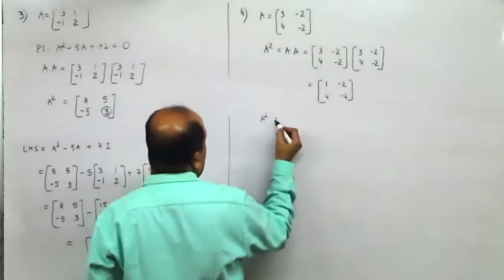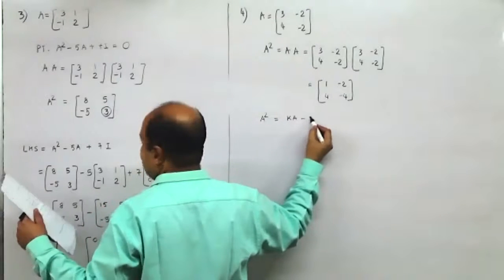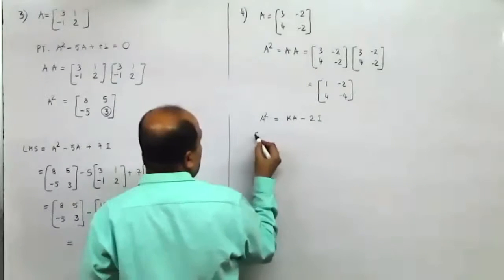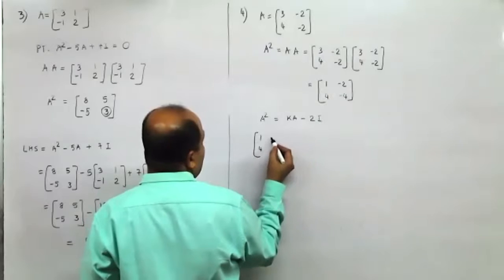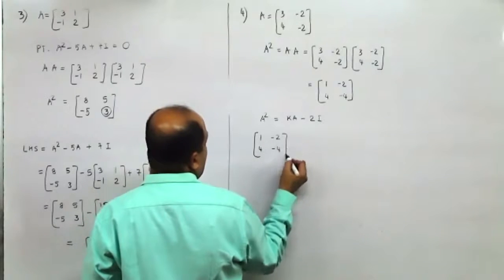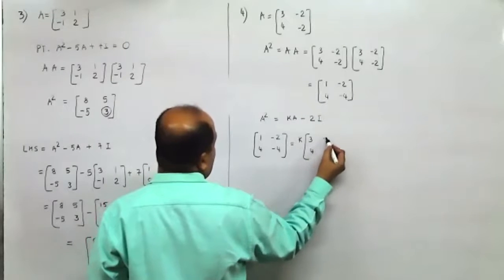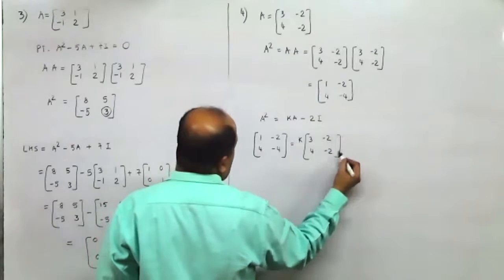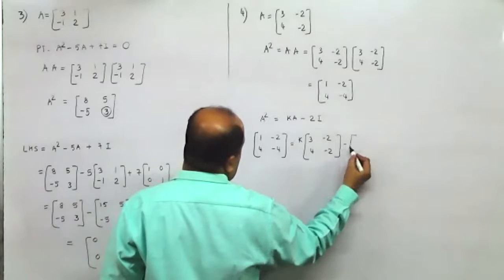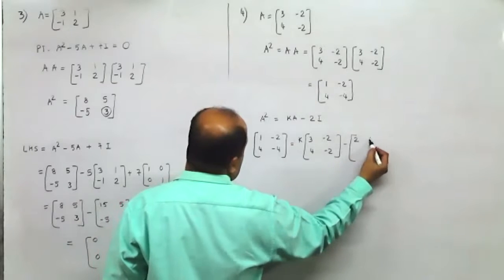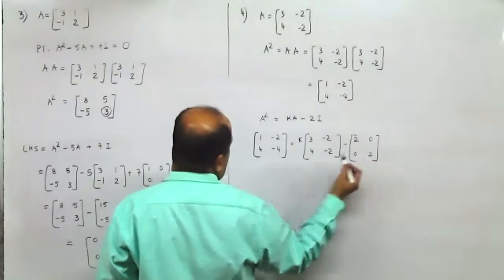A square equal to KA minus 2I. So 1 4 minus 2 minus 4 equal to KA. So K into 3 4 minus 2, minus 2 into I. So this would be minus 2 into I means minus 2, 0, 0, minus 2.